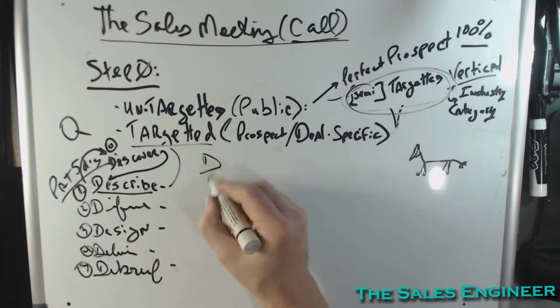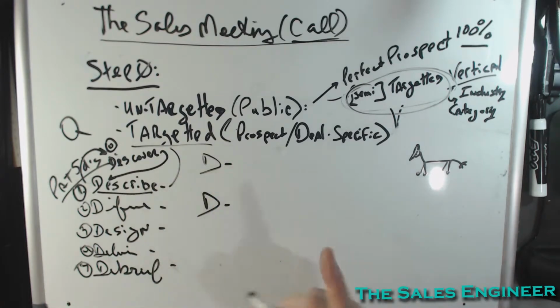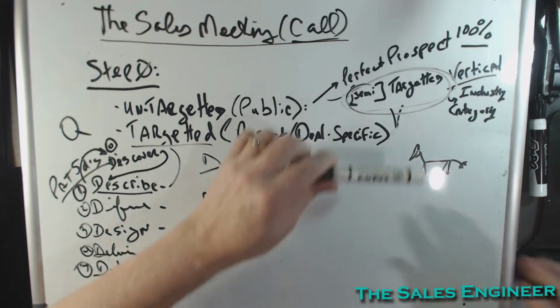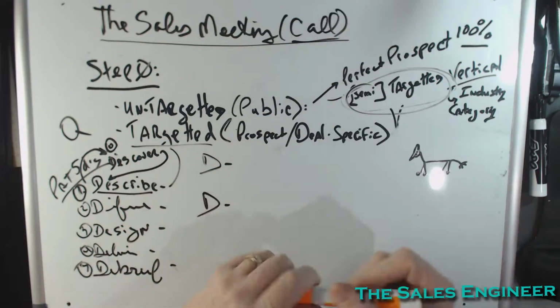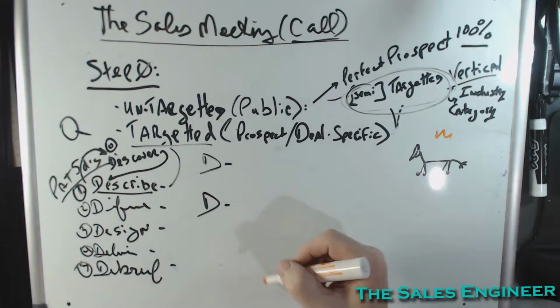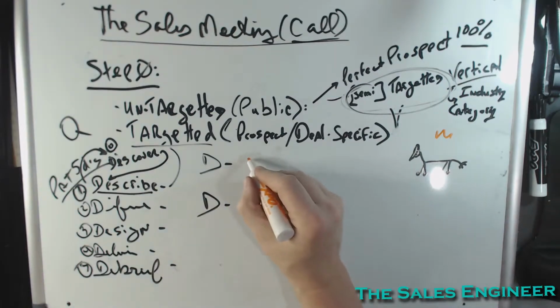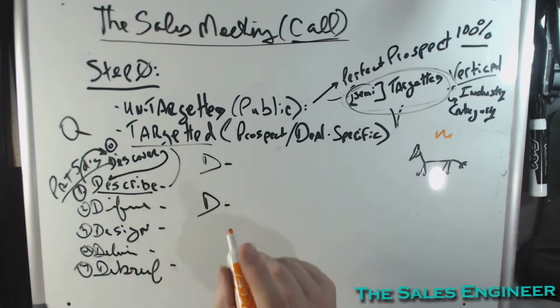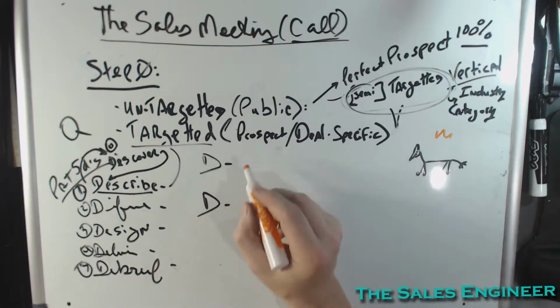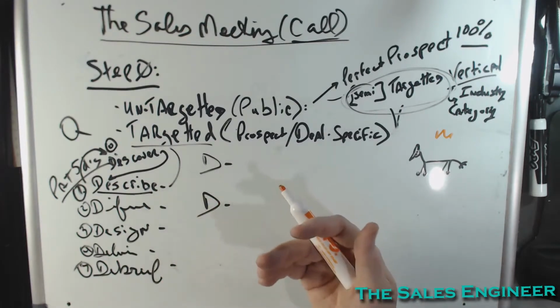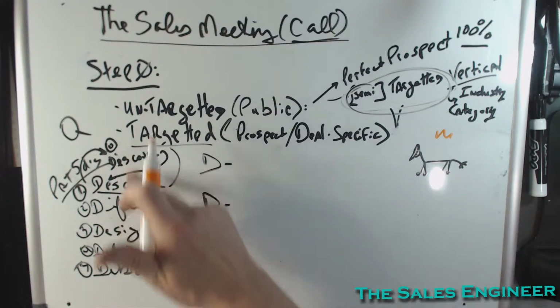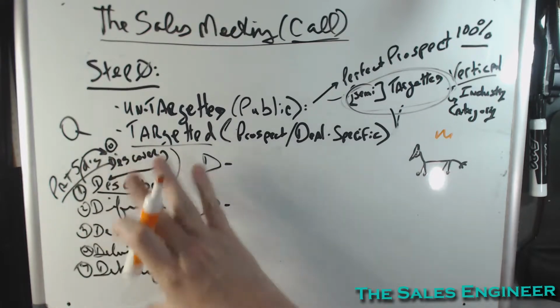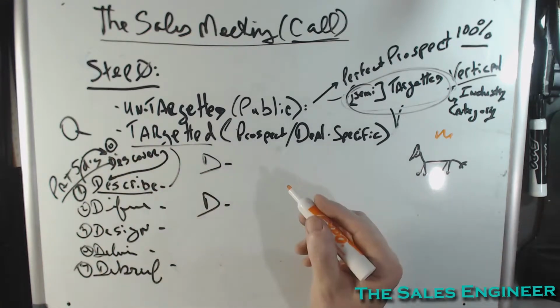However, each of these Ds, can I just have another color that isn't dry yet? Fantastic, orange. They each have their own set of 3 Ds. These 3 Ds are just like these other ones that you can use in projects and sales. This can apply to anything that you're responsible for.